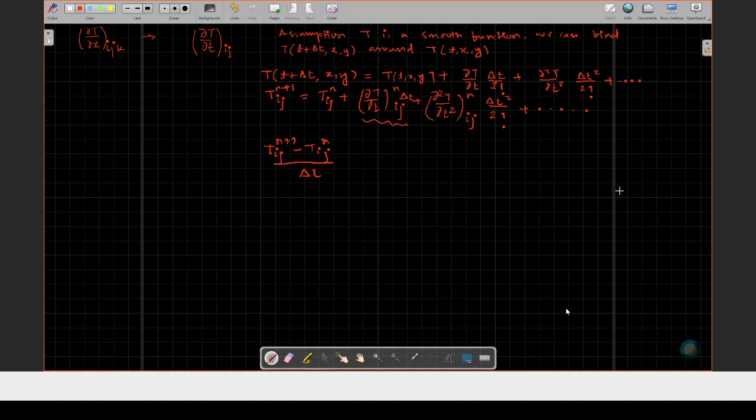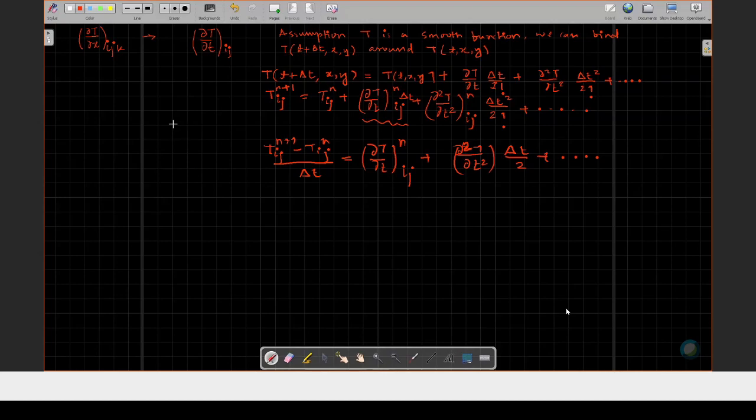You are going to get an expression with dT by dt at ij at n, plus del 2T del t2 times delta t by 2, plus other terms. You see this is the finite difference expression, the forward difference expression, which is forward in time.